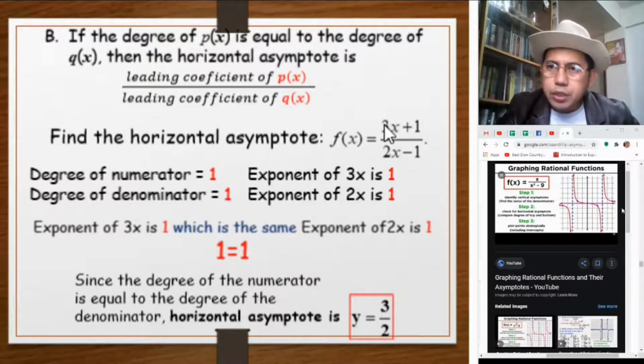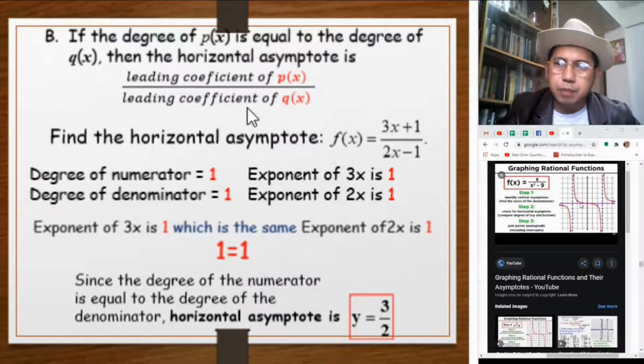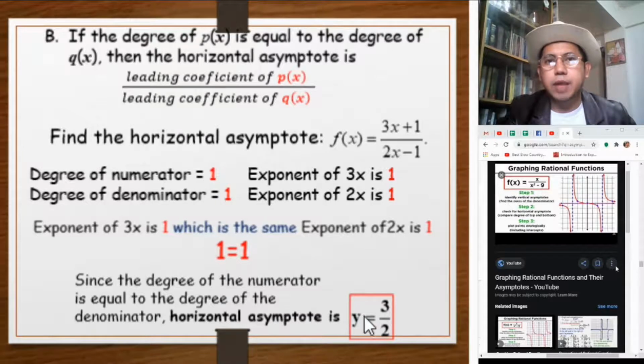Here is the leading coefficient, 3 over 2. That is the meaning of this term: leading coefficient of p of x over leading coefficient of q of x. So what is the leading coefficient of p of x? 3. The leading coefficient of q of x is 2. And that will define the horizontal asymptote of the rational function.